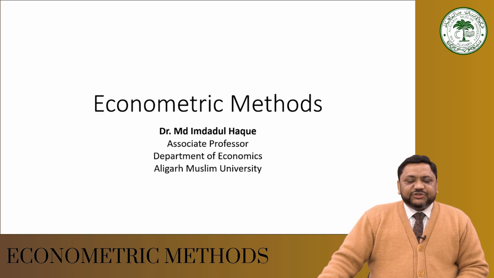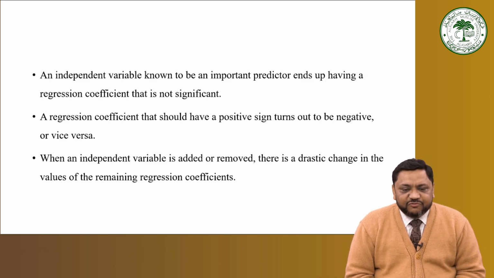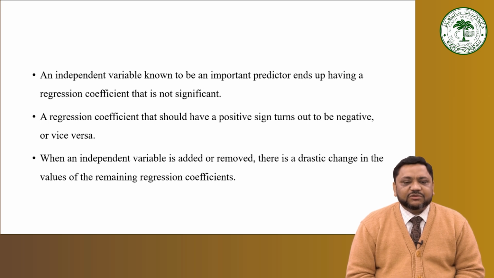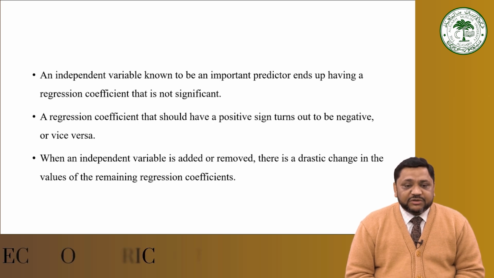Our topic of discussion today is a phenomenon which is associated with multiple regression. In our previous class, we were discussing multiple regression. So let us take a situation where you have an equation, and this happened also on the day when we were doing regression using the Excel sheet.